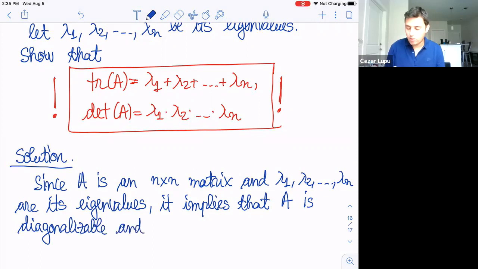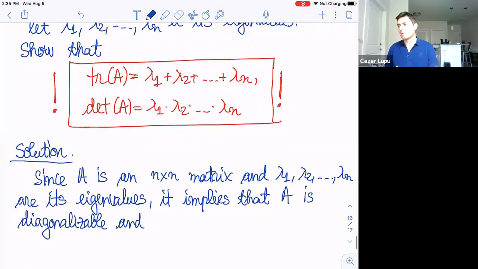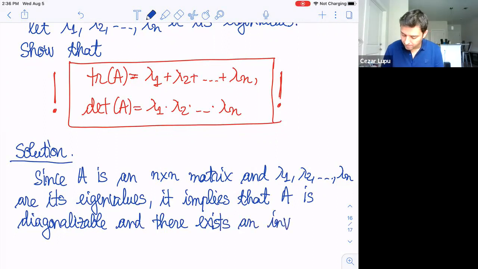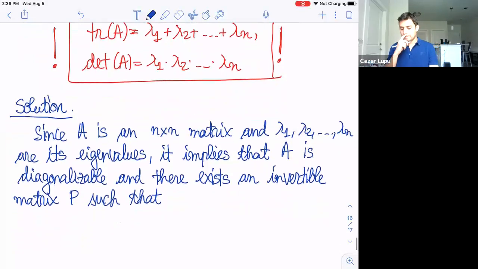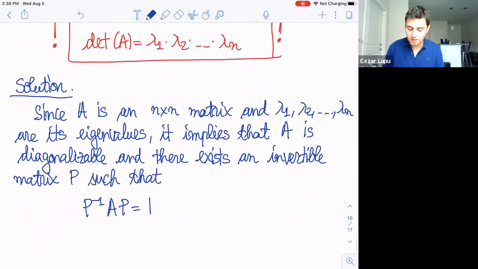and moreover, there exists an invertible matrix P such that P inverse times AP is nothing else than just this matrix D, let's say.